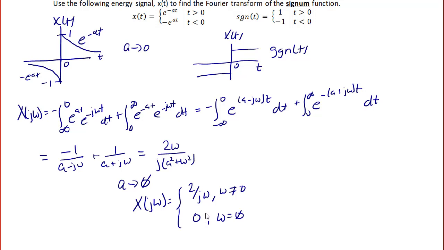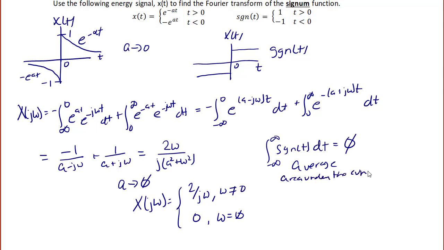Remember, I have a signum function here, so the area from negative infinity to infinity of a signum function is going to equal 0. That's the average value or area under the curve. And since this also translates into the value of the Fourier transform at ω equals 0, I know that X(jω) must be 0 when ω is equal to 0.